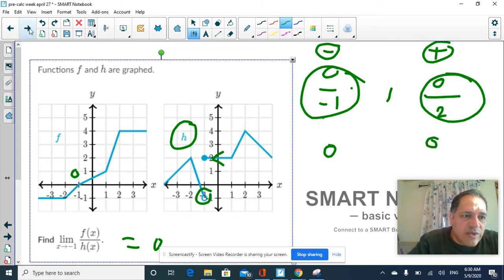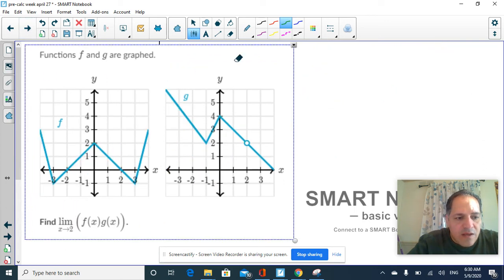The next question we have: the limit of f of x multiplied by g of x. You have to find the limit of f of x and g of x and then multiply both. In multiplication, we don't care about left and right, because when you multiply there is no big difference.